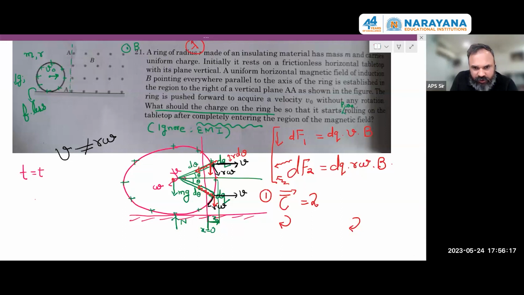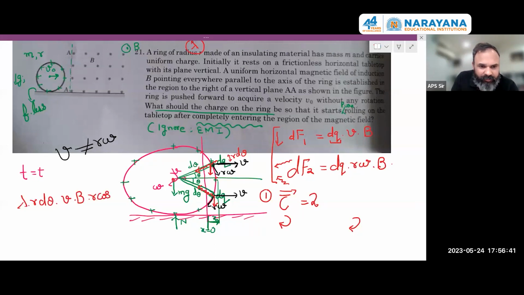So the charge which is present there, dq, is lambda r d theta, and dq I have multiplied by velocity v, velocity of center of mass, into magnetic field B. And if you look into the lever arm, the moment arm, with respect to the center, it is r cos theta.